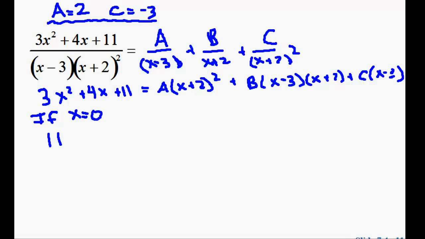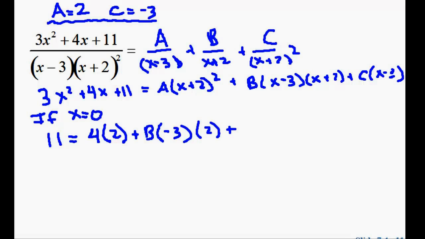We're left with 11 is equal to a times 0 plus 2 is 2, but 2 squared is 4, but we know that the a is 2, so it's going to be 4 times 2, plus b times 0 minus 3 is negative 3, times 0 plus 2 is 2, plus c, which we know is negative 3, times 0 minus 3 is negative 3. Now all we have to do is multiply through to find what our b is.